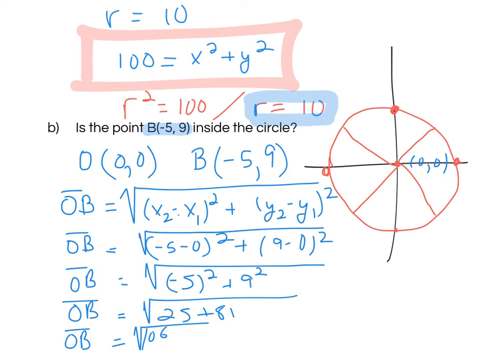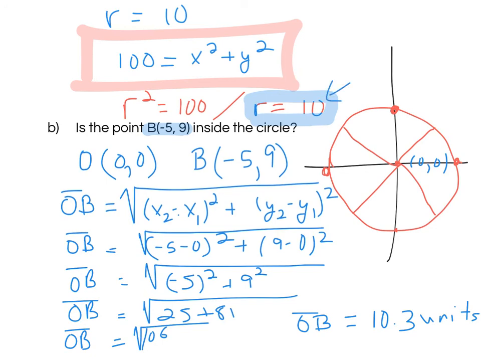And so the length of OB is going to be root 106, which I know is going to be larger than 10. Yeah, it's 10.3. So that tells me that the length of OB is 10.3 units long. And the radius of the circle is 10 units, right?